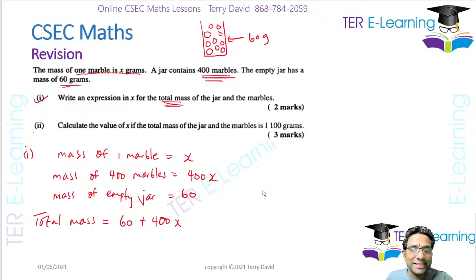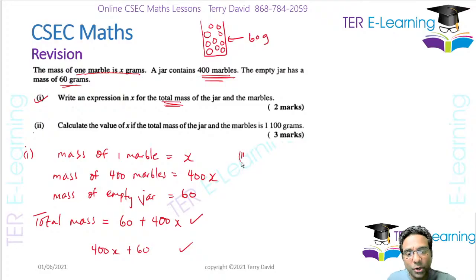So the answer is 60 plus 400x. If you write it the other way around, as 400x plus 60, that is still correct. Either one is fine. That's my expression for the total mass.